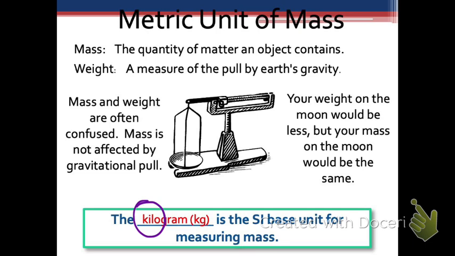It's much easier to say this object weighs 4.2 kilograms than to say it weighs 4,212 grams. Kilograms gives us a more reasonable number, but it still works the same way with all the prefixes.